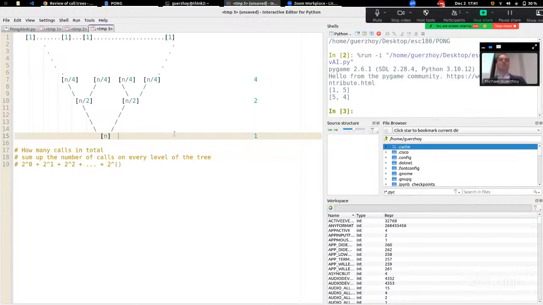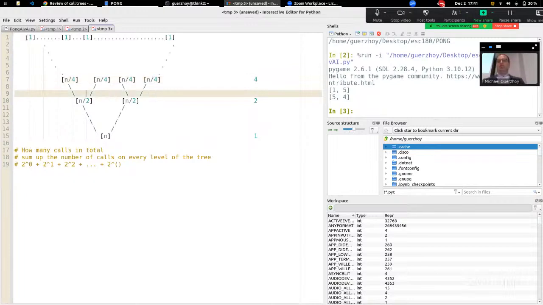So why is that? Because we are going from n to n over 2 to n over 4 to n over 8. Think about how long we need to go along this branch to get to the 1. We divide by 2 every time. That's exactly log base 2 of n. Does that make sense? Does this not make sense to anyone?